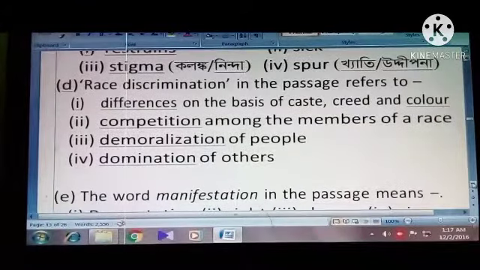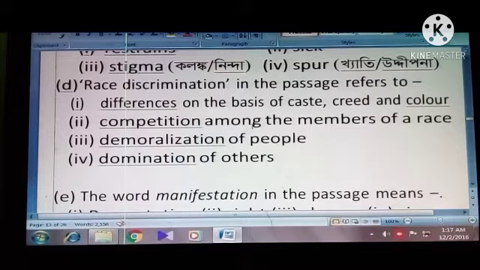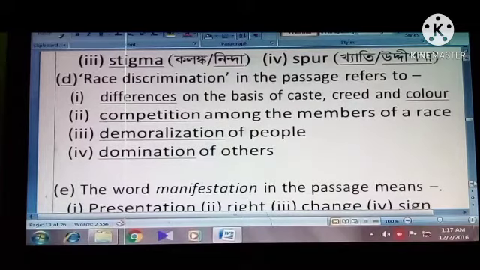Question number D. Race discrimination in the passage refers to, number 1, differences on the basis of caste, creed and color, number 2, competition among the members of a race, number 3, demoralization of people, number 4, domination of others. So here the correct answer is number 1, differences on the basis of caste, creed and color.